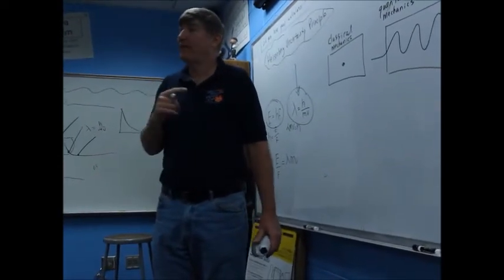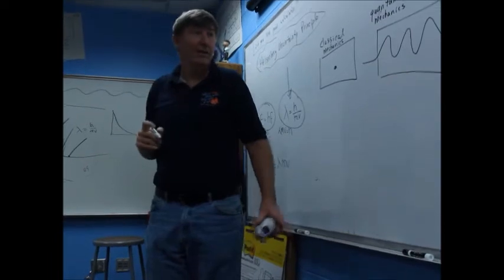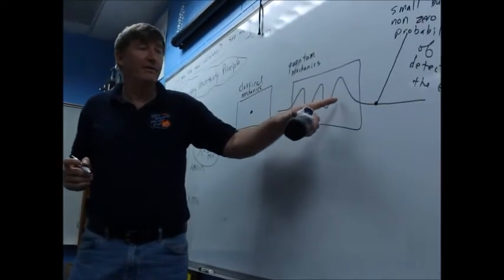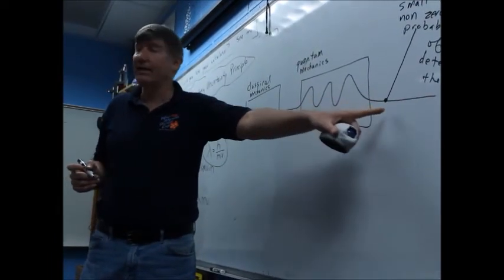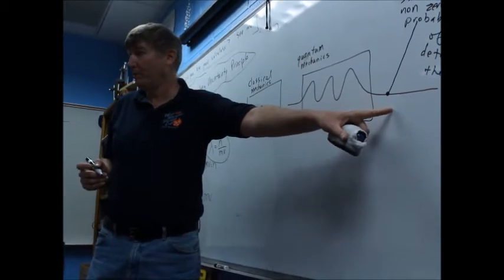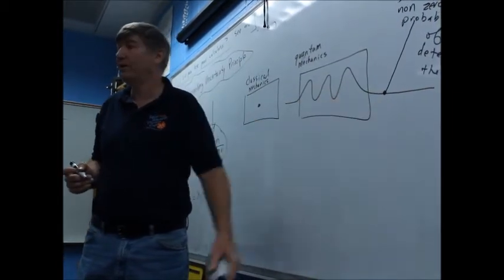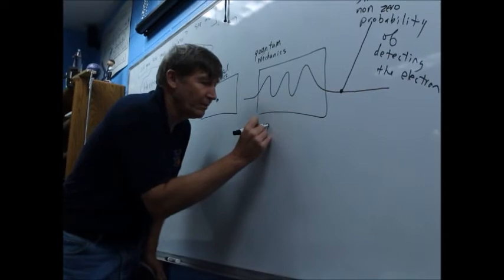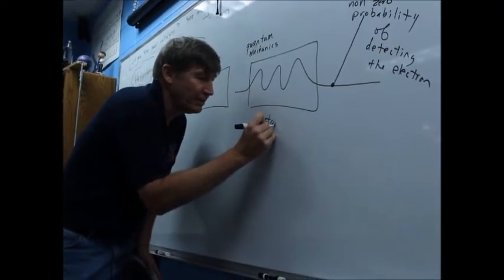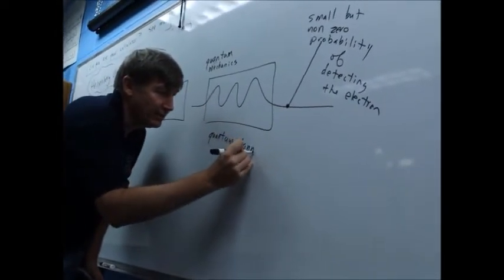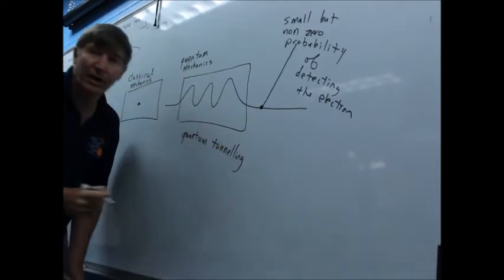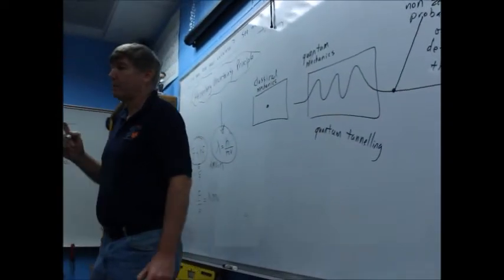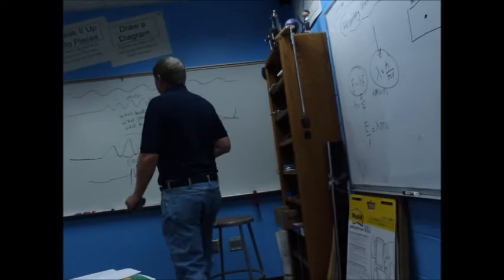Well, that is how flash memory works. The fact that this electron can escape the unescapable box due to this effect right here, this is called quantum tunneling. And quantum tunneling is the thing that makes your flash memory work.